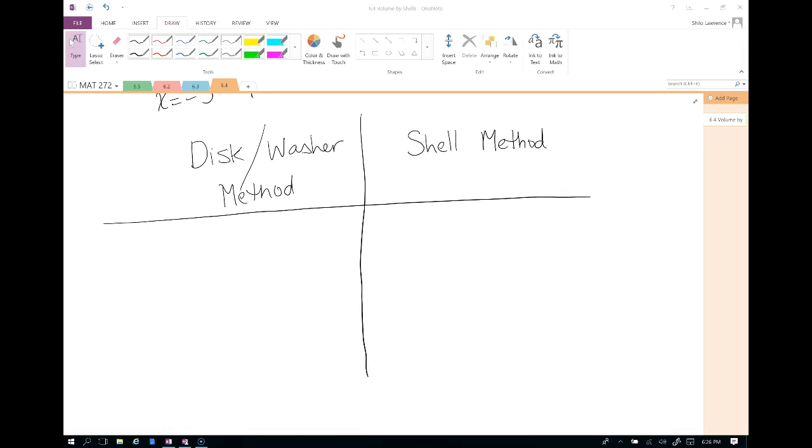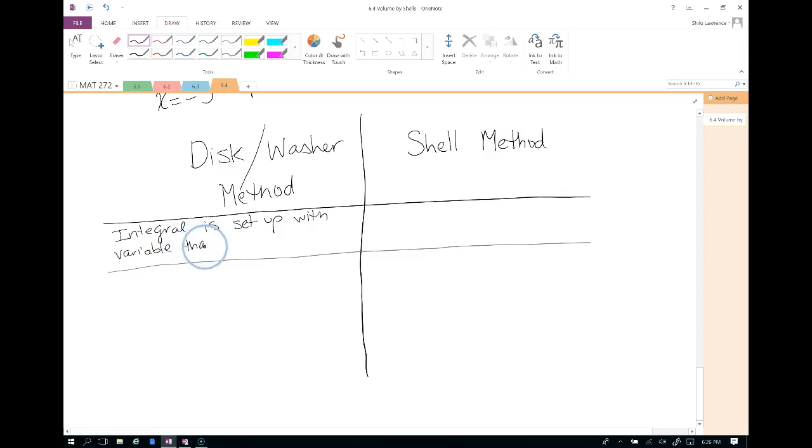So one of the differences we've already pointed out is that when you do the disk method, you're going to use the variable that matches the axis of revolution. So the integral is set up with the variable that matches the axis of revolution, where the shell method is set up with the variable that's opposite.